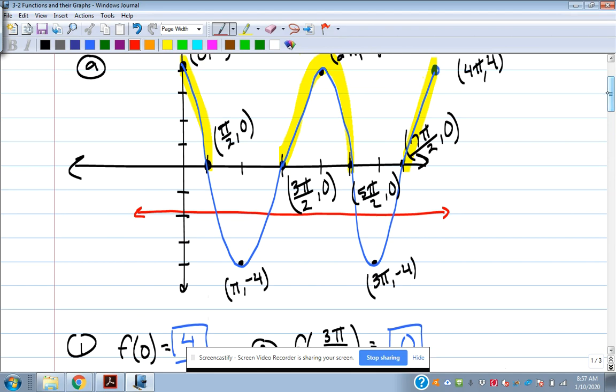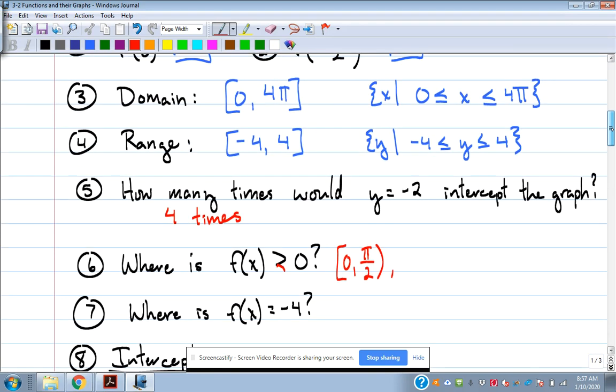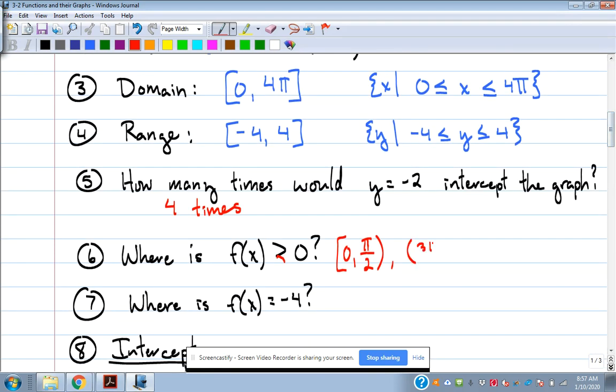What would be this second interval, that hump in the middle there? Remember, the intervals are the x values. Parentheses, 3 pi over 2. And parenthesis or bracket on the 5 pi over 2. Parentheses. Okay.